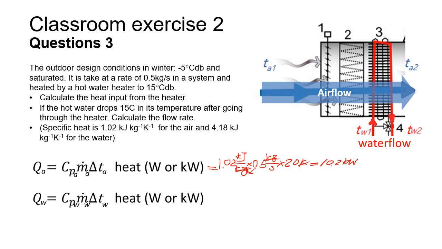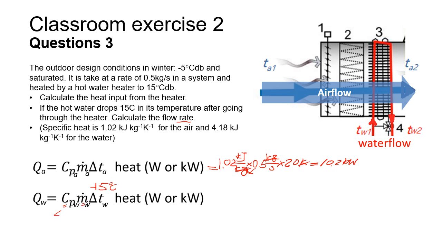Now the same, the heat gained by the air will be the heat lost by the water. So therefore it asks, if the water drops 15 degrees in temperature, calculate the flow rate of water. So we know this is 15 C or K lost, so there will be a minus, and the mass flow rate is to be calculated.